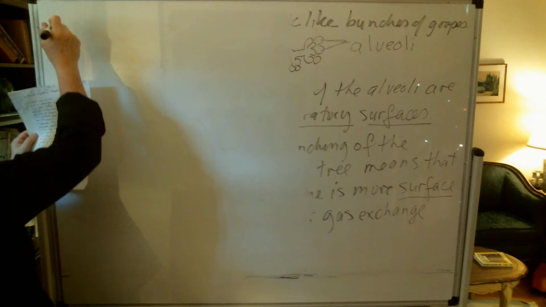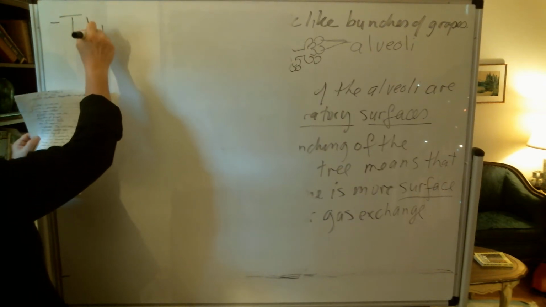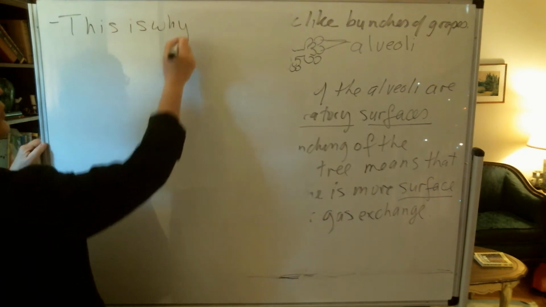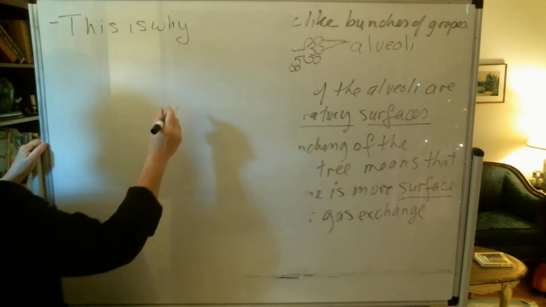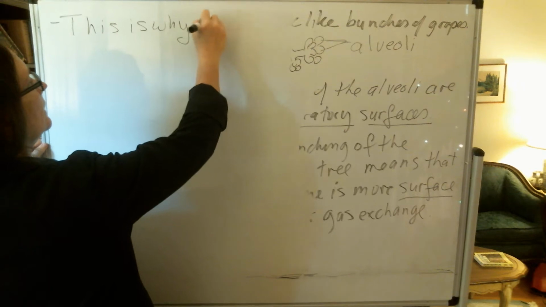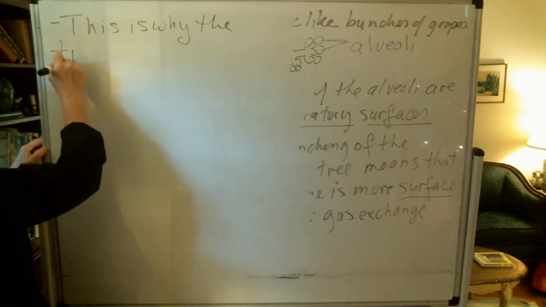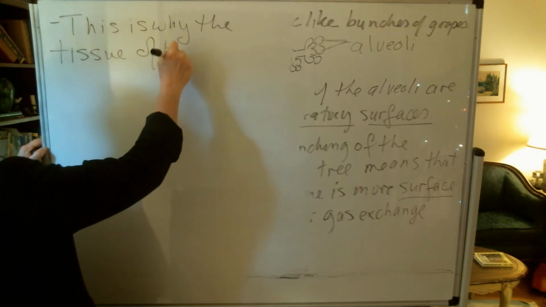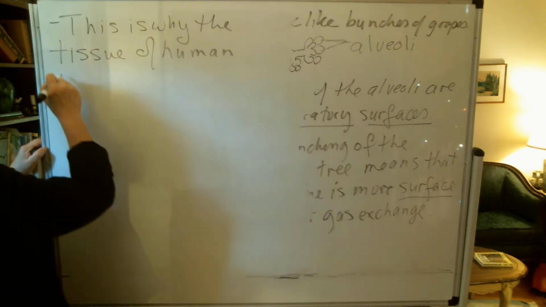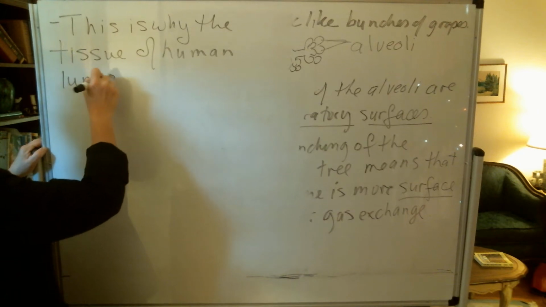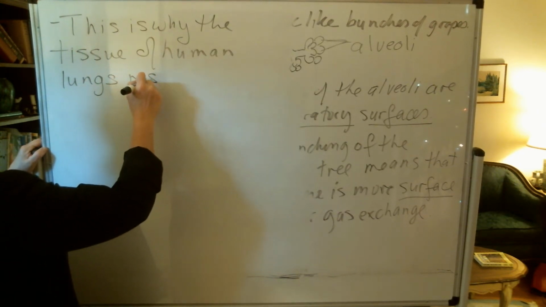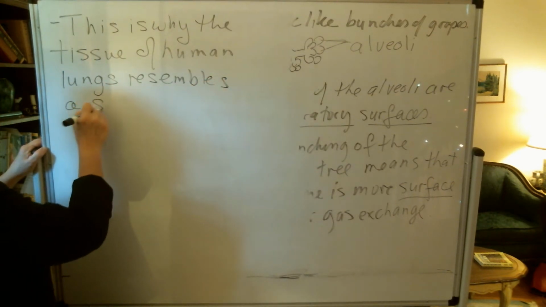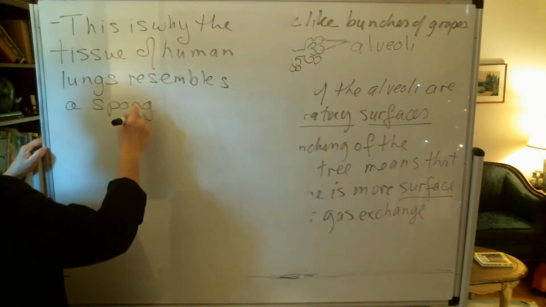So, this is why, when you look at the tissue itself, the tissue of human lungs resembles a sponge.